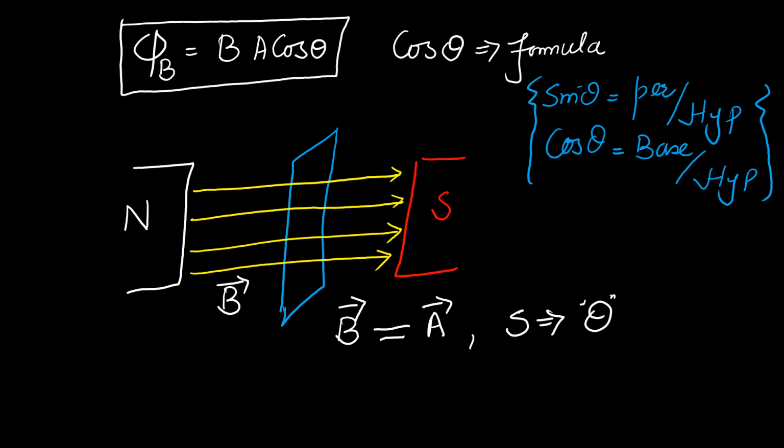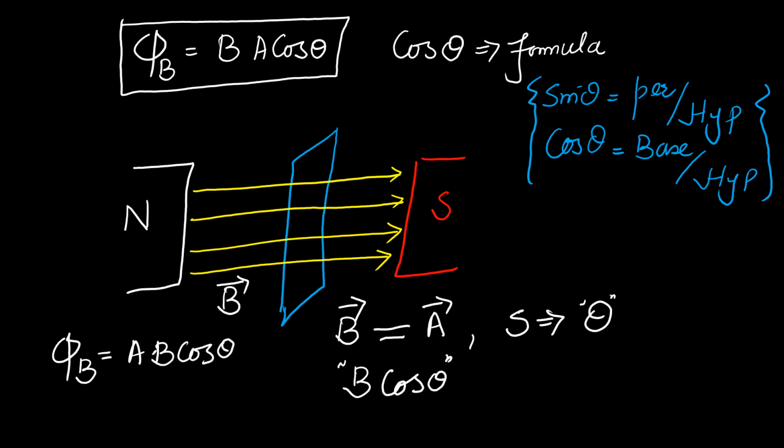So the magnetic field B will be associated with angle theta, and it will be B cos theta. So magnetic flux phi B will be the area into B cos of theta.